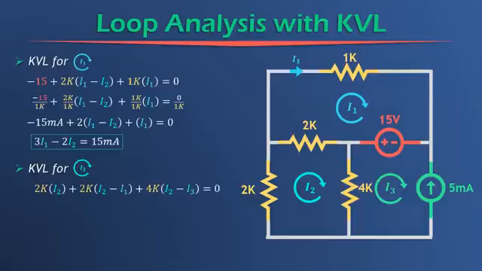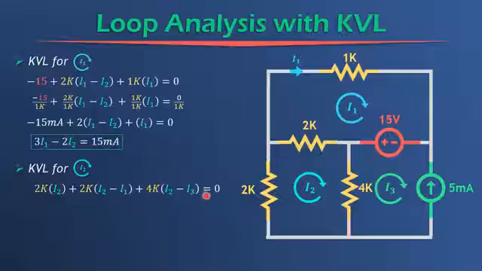And now we have I3 also going through that 4K resistor, and I3 is in the opposite direction of I2, so we write a negative I3. After we're done with that resistor, we come back to where we started, so we know we've finished.